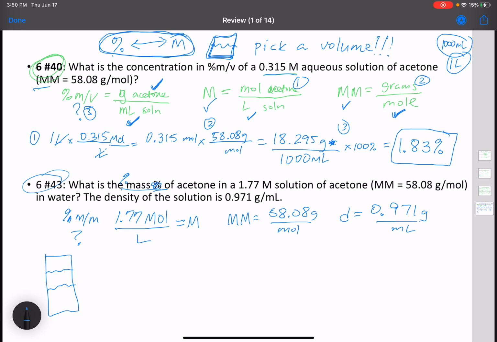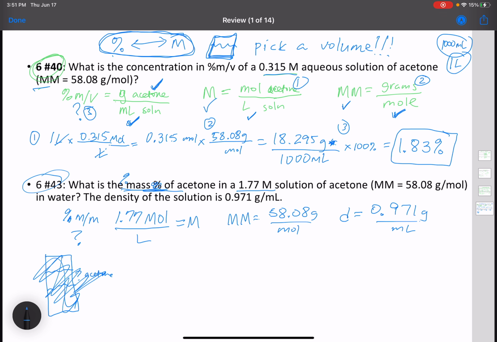So we want to know what is the mass percent of the acetone. Okay, so essentially, this is kind of similar. So it's giving us the molarity, and we want to know what the percentage is.